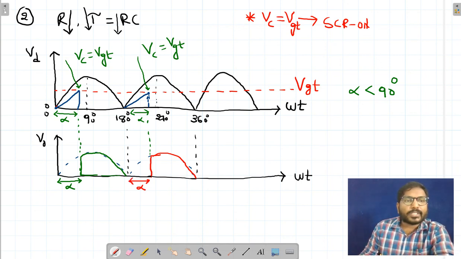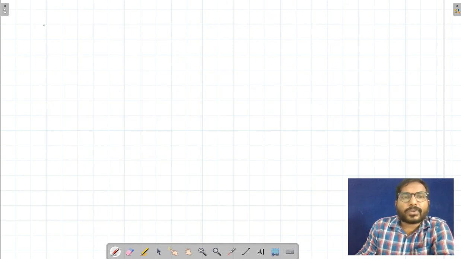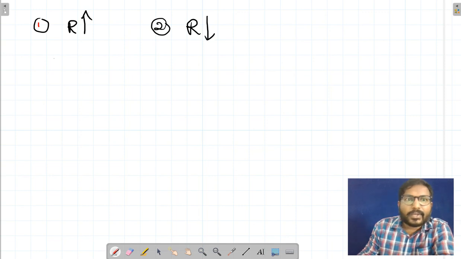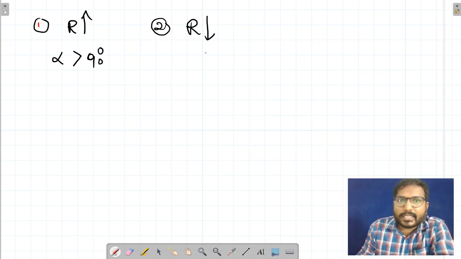Coming to the conclusion here. Having two cases, when R is more and the second one when R is less. When R is more, the SCR is triggered when alpha is greater than 90 degree. When R is less, the SCR is triggered at less than 90 degree.